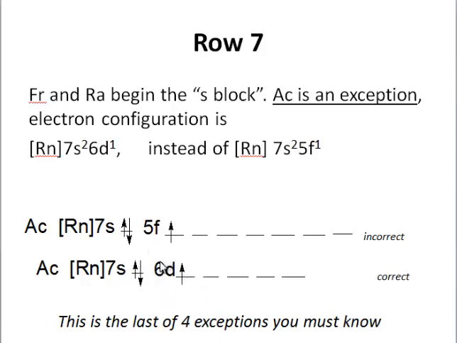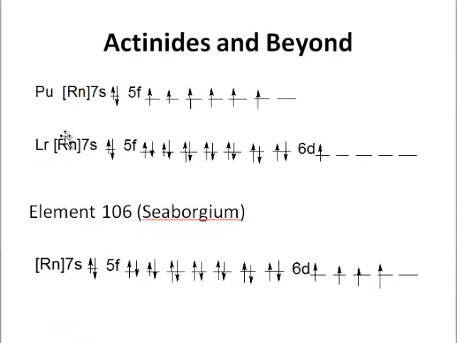Similarly, beyond actinium are the actinides. And as we put electrons into the actinides, we will be putting electrons into a 5f subshell. So for example, here is a plutonium diagram. We predict 6 5f.